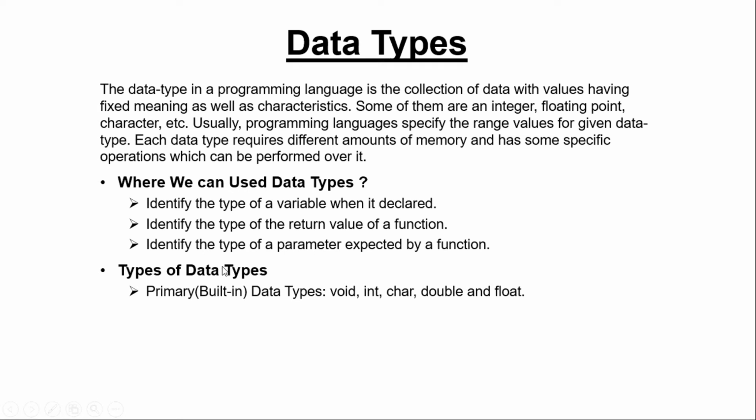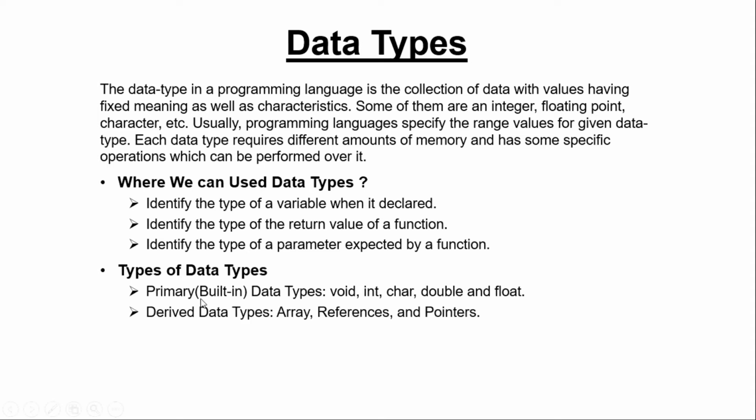Primary and built-in data types. What are the data types? The primary and built-in ones are void, int, char, double, and float. Int is integer, char is character, double is double, and float is floating point value. Double also stores floating point values, but it might have a different memory allocation when you declare a variable.